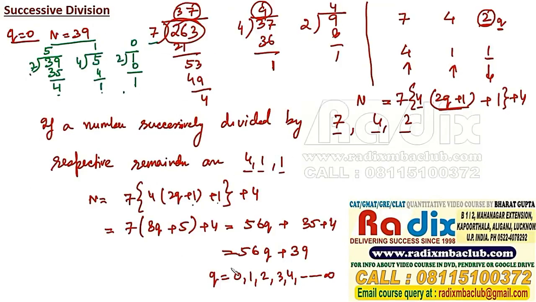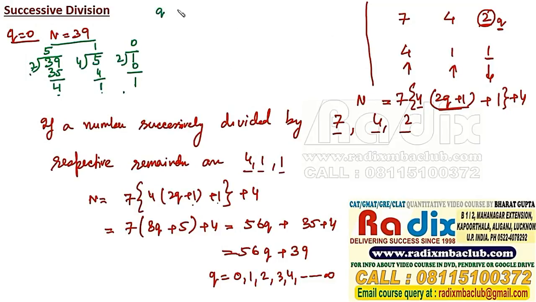Now if we take q as 1, we get n as 56 + 39, which is 95. 95 when divided by 7, 7 13s are 91, remainder is 4.